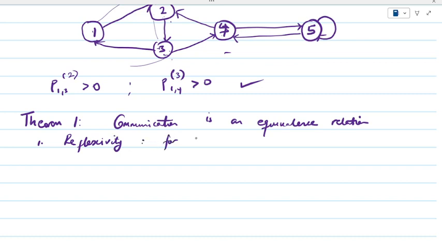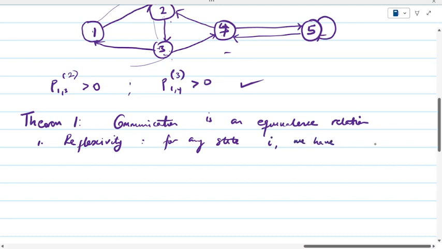For any state I, we have state I communicates to itself.